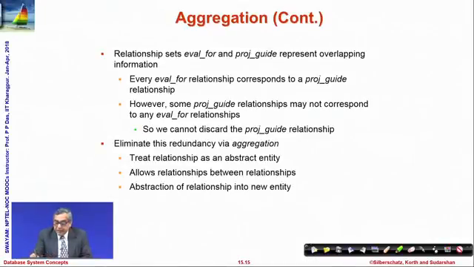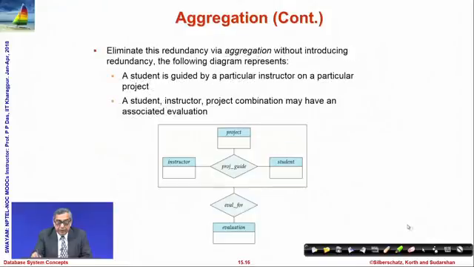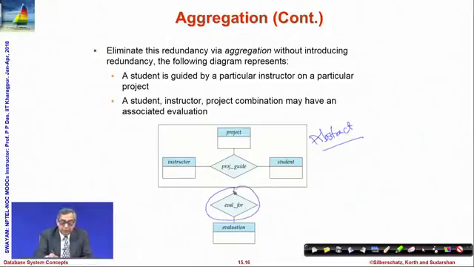I will just show you in the diagram. So, this is how it will now work out to be. This is the abstract project guide entity set, which is an abstract entity set because it is actually a relationship, and that relates to eval for, which on the other side has the evaluation.